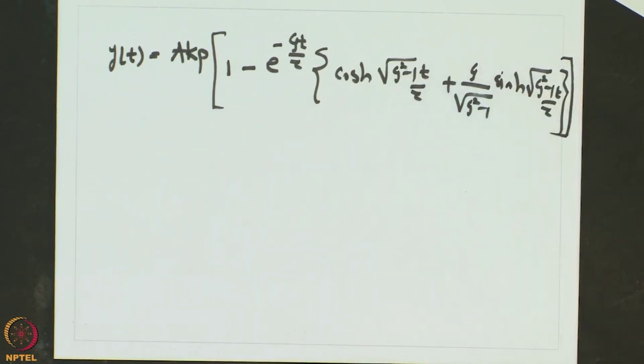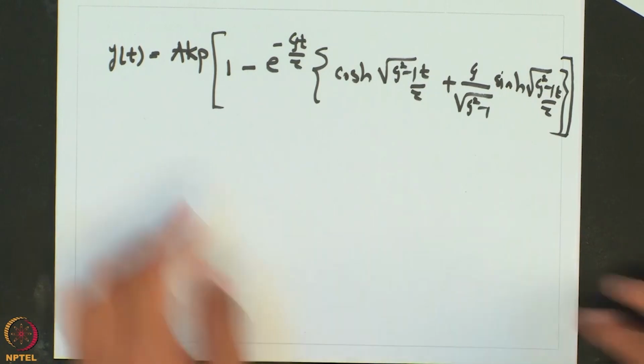So, you can note that the response of a second order system when zeta is greater than 1 would be given by this term, which has the overall multiplication factor of AKp, and you can very well appreciate that AKp would eventually lead you to the final value of the response.